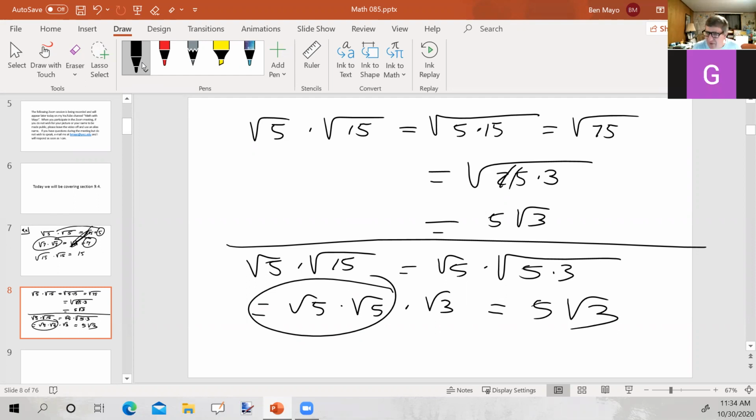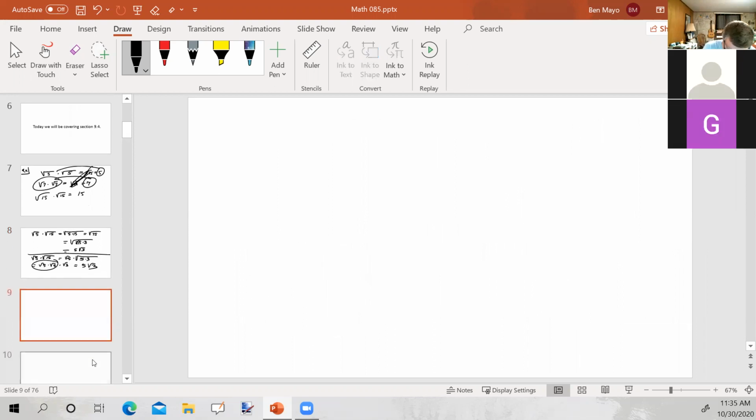All right. So that's 5 square roots of 3. Same answer, just a little bit different way of looking at it. Let's even look at it one more way.